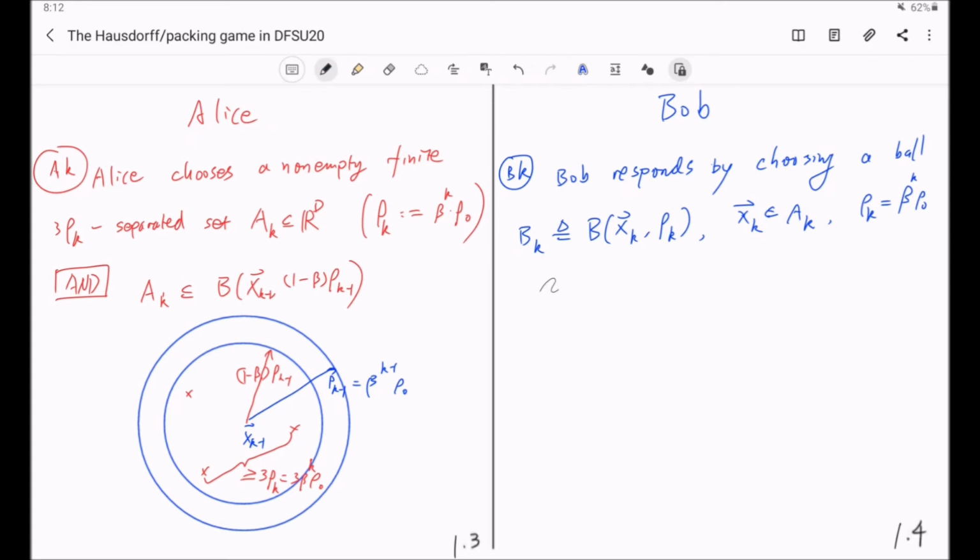And the game will move on. Note that the condition guarantees that B0 contains B1, which contains B2, and so on.